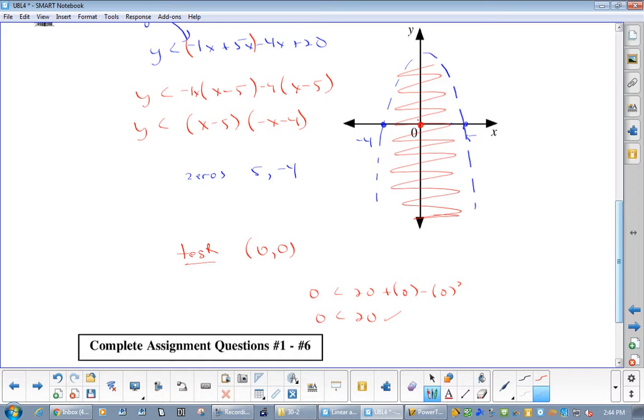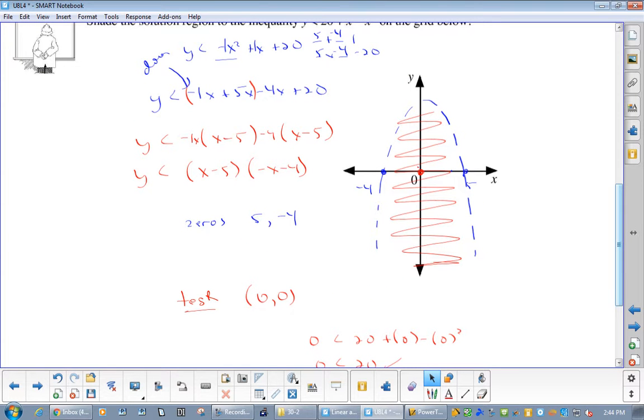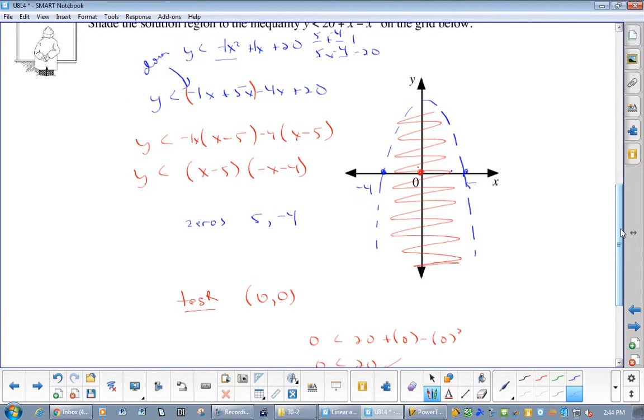We're not going to worry too much about the vertex at this point. We'll talk about that more tomorrow. But getting your x-intercepts, you know it's going down. Remember, if y equals positive ax squared, it's going up. If y equals negative ax squared, it's always going down.